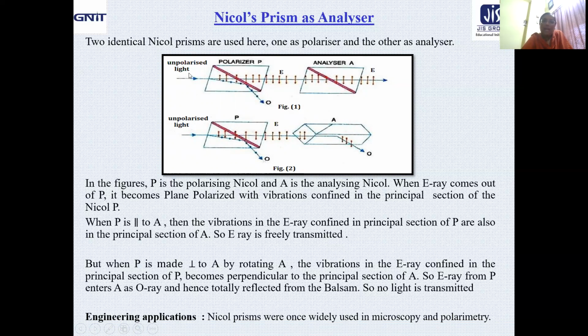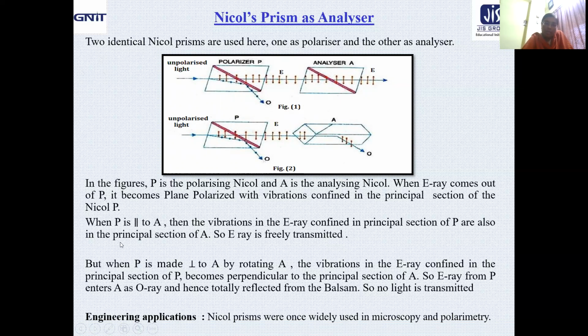Now, we will start with unpolarized light. So inside the Nicol, it will be broken up into E ray and the O ray, and the O ray will suffer total internal reflection. So we will get out of the polarizing Nicol the E ray, whose vibrations are in the principal section of polarizing Nicol P.